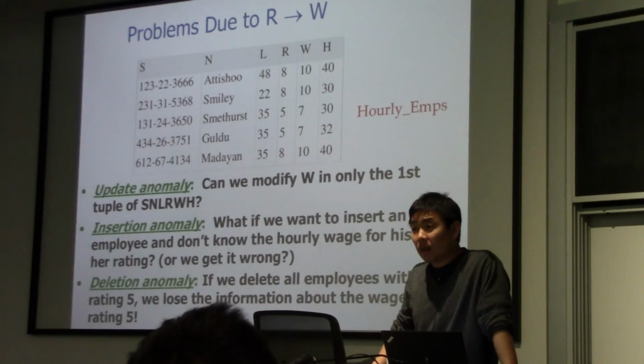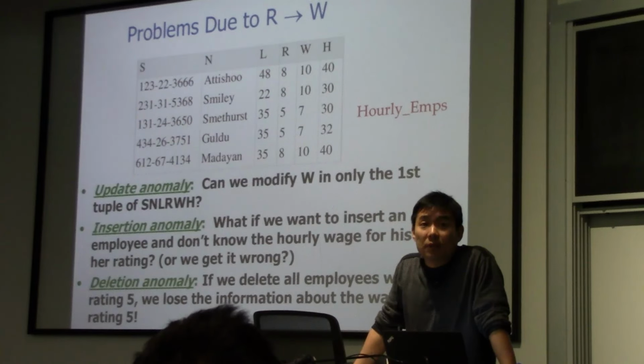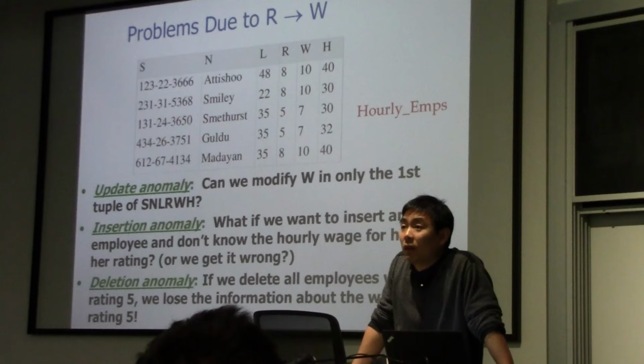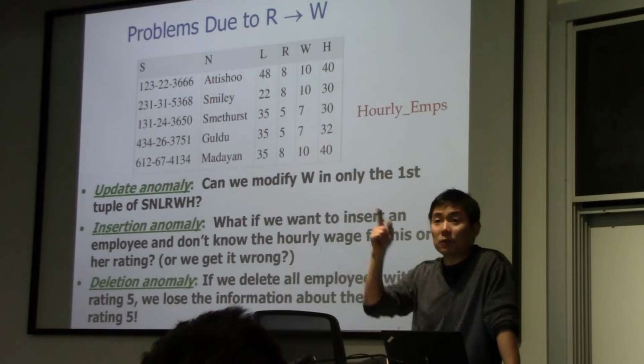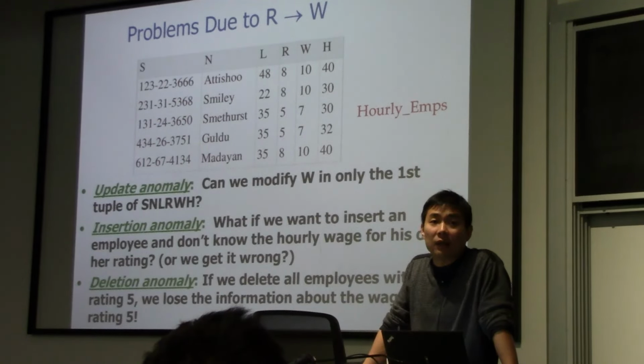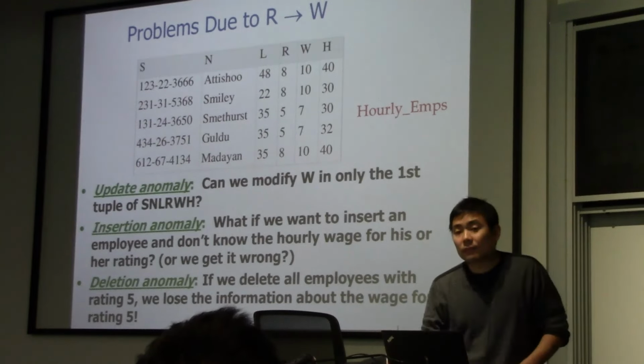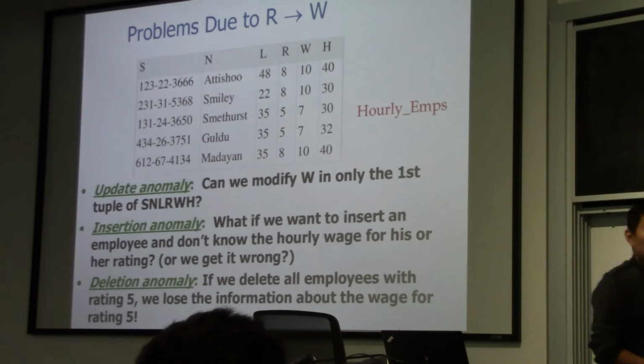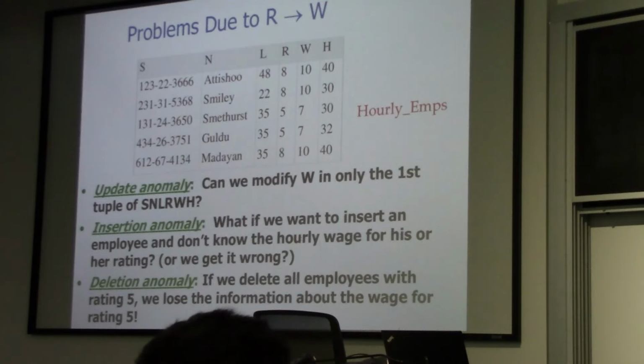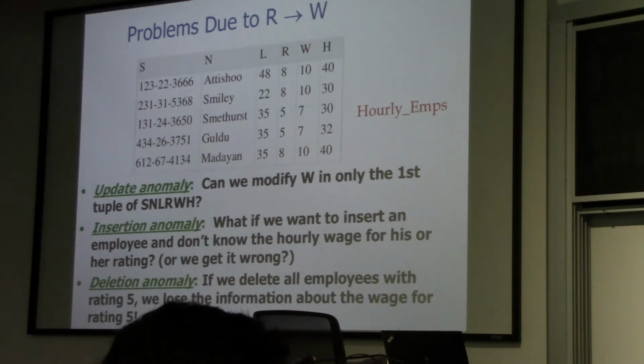Would it still be considered an update anomaly, like a trigger of like any time that... So what you're saying is take them out to a separate table and make rating... Yes, that's a better fix.